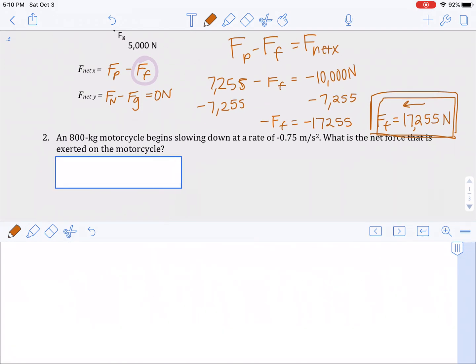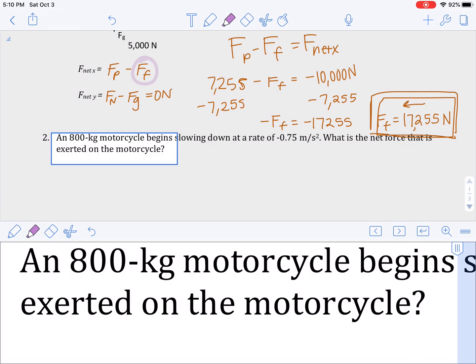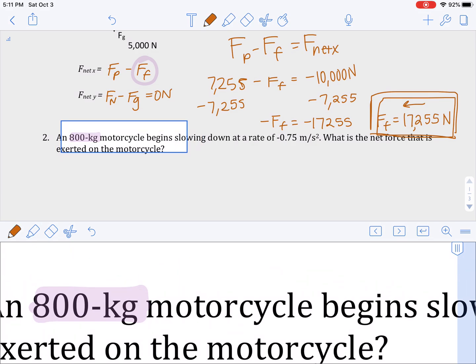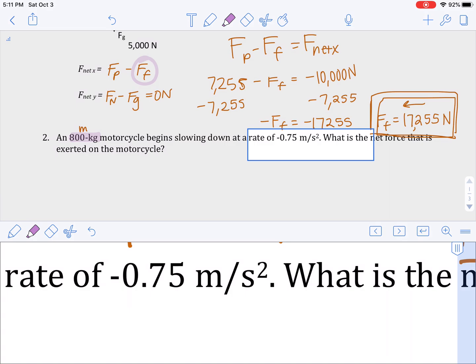Now this is another single step problem, and we are given a bunch of information. We're given 8,000 kilograms. Think about what variable that is. Something measured in kilograms. Reminder, units tell you what the quantity is. It's a mass. Then I have negative 0.75 meters per second squared.